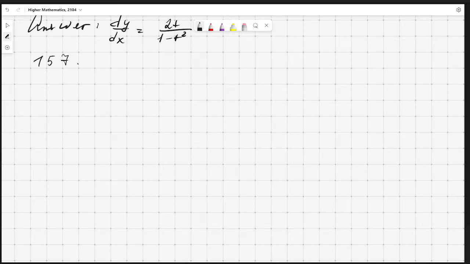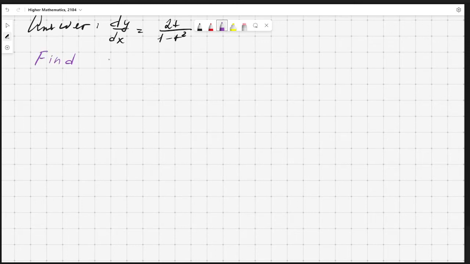157. Write down. Find the tangents of angles of the slope of tangent lines to curves.